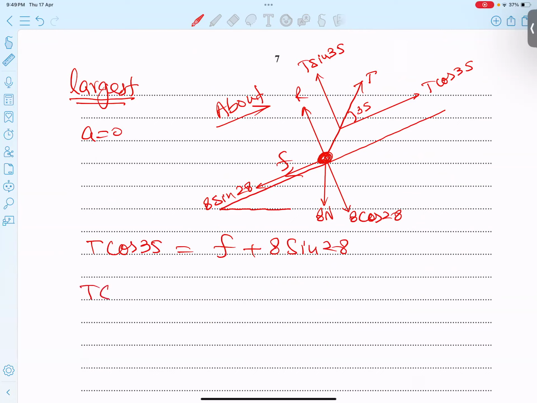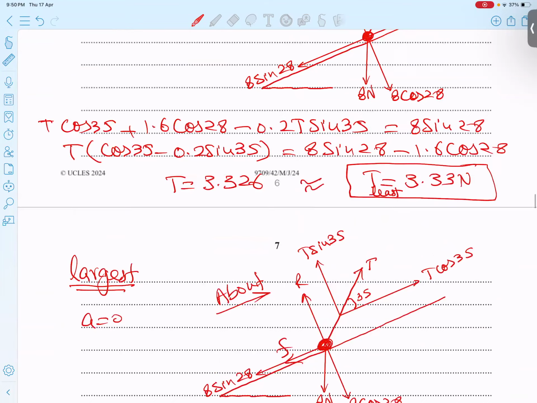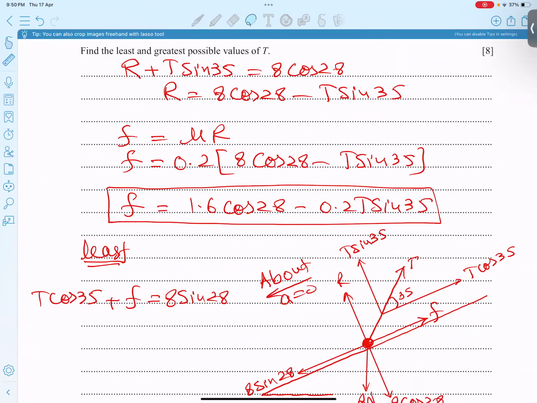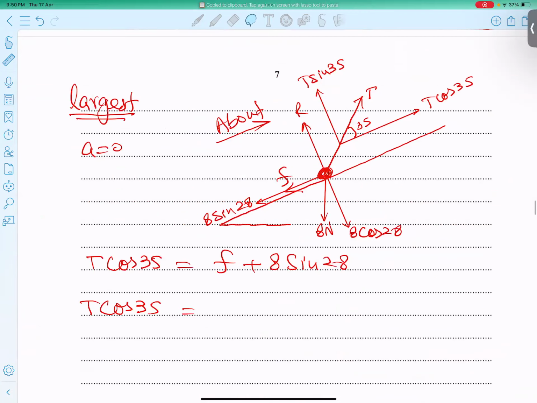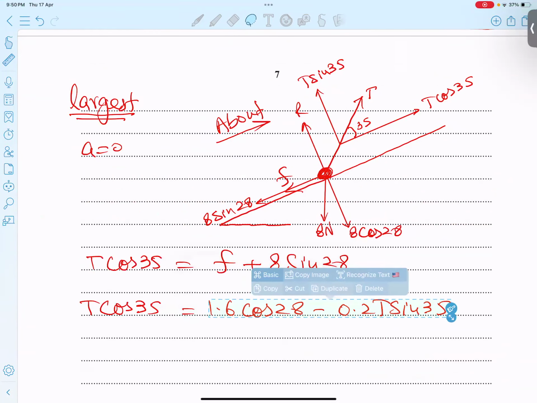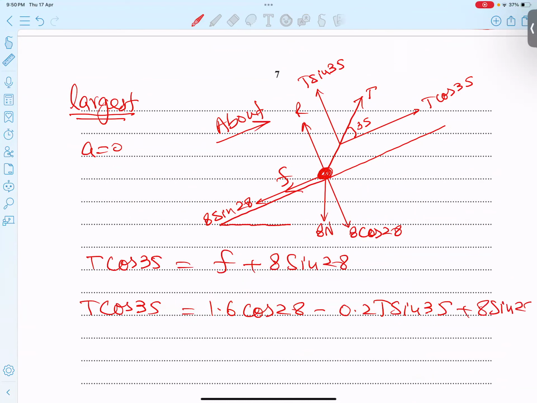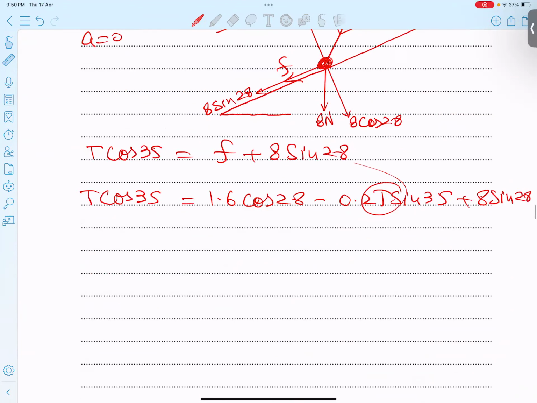So I'm going to plug in friction, but it will come on the right side. Now the friction value, I'm copy pasting so I can make it easy. So this whole value, I'm going to copy and paste here. So have a look, students, and plus 8 sine 28. Students, there are two T values. I'll bring them on one side. This will go here.